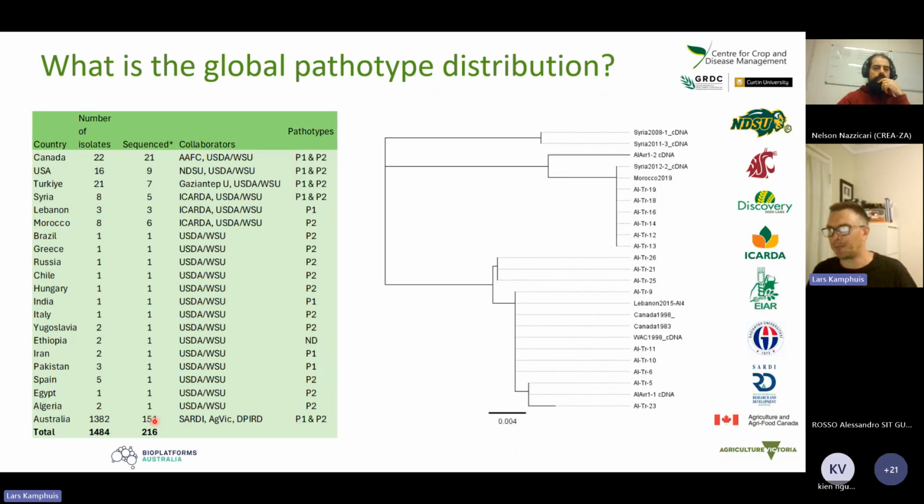So when we looked at the ALAVR1 loci, and started pathotyping those for the 2 different pathotypes with our primers, we were able to identify that in most of the lentil producing countries where we had a decent sample size, both pathotypes are present. So in Canada, US, Turkey, and Syria, where a lot of lentils are produced, and obviously in Australia, we see both pathotypes.